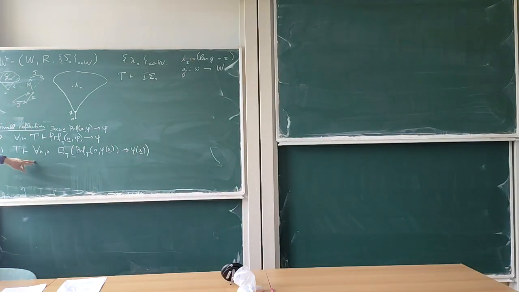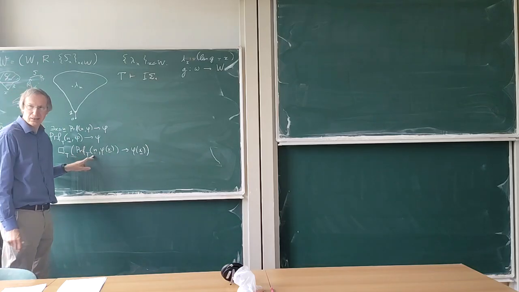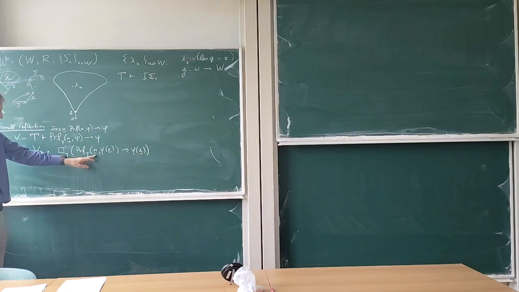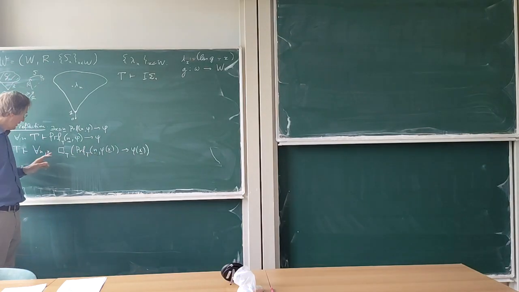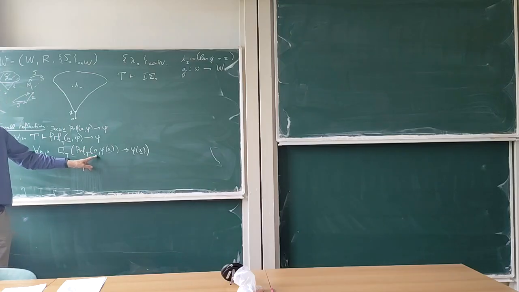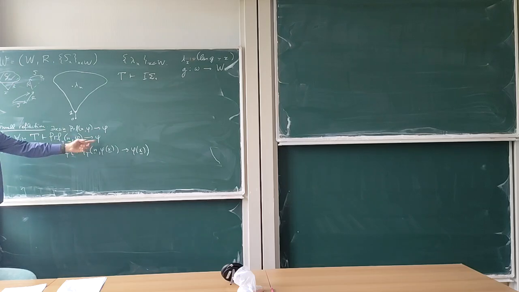So here I forgot what notation I used. Basically n and x here are just number variables. And underlining means that we associate with every number n the nth numeral, and it is substituted in this formula. So T proves that for every specific numbers n and x, it is provable in T, namely what is written here. So what is here is more or less a direct formalization of what is written here.